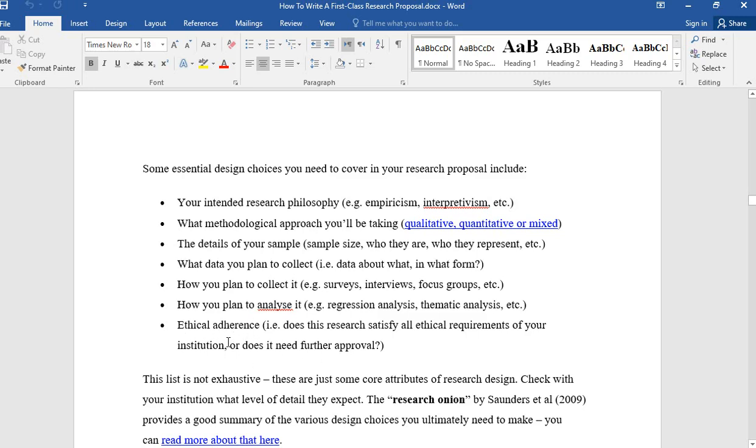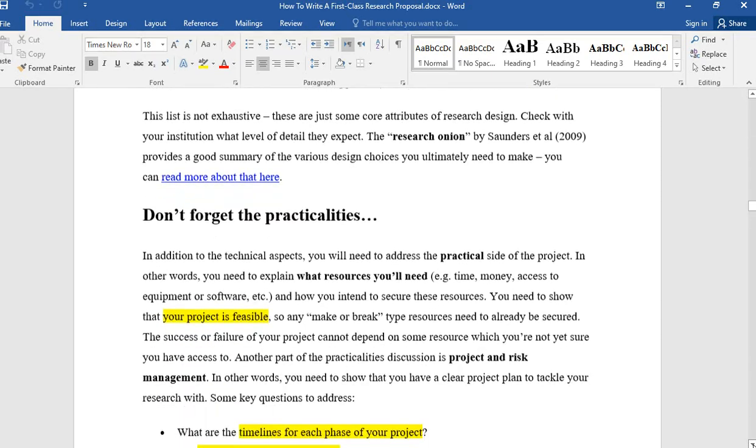So you have to say whether all the ethical requirements of the institutions have been met or not, or whether the researcher has considered the ethical issues in collecting the data, considering the participants' psychological, emotional issues or not, or whether their data or information would be kept confidential or not. So these are the ethical issues that should be explained in the research design.